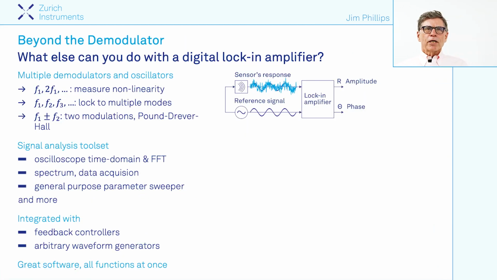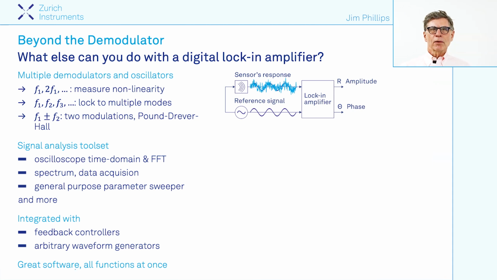Beyond the demodulator, in a fully digital lock-in amplifier, such as those provided by Zurich Instruments, we can demodulate at multiple frequencies. So we can measure a signal in its harmonics, measuring nonlinearity. We can measure at unrelated multiple frequencies, for example, the different modes of a cantilever.